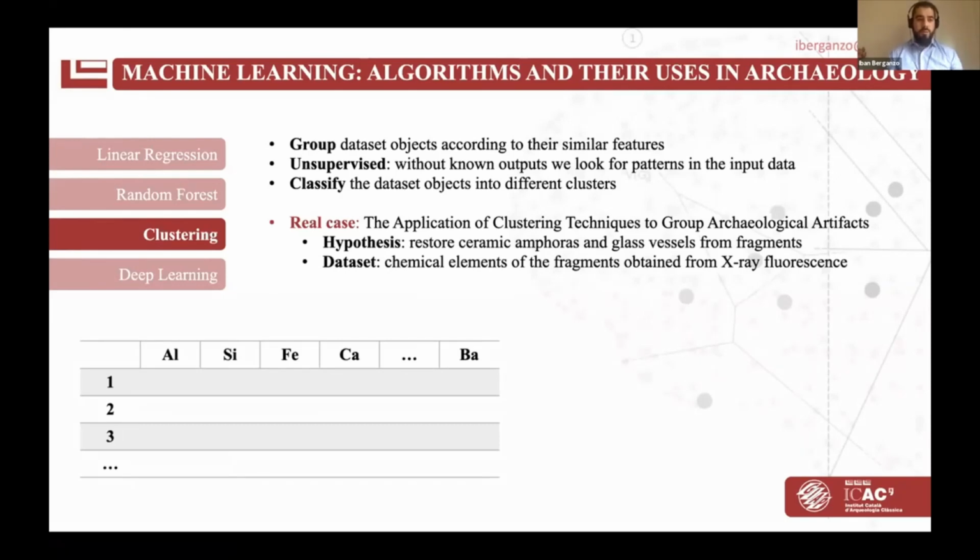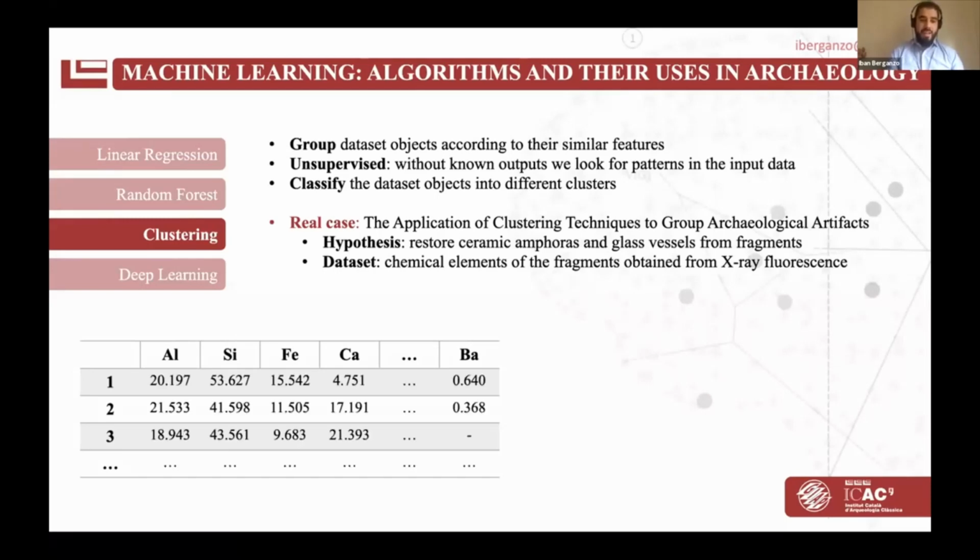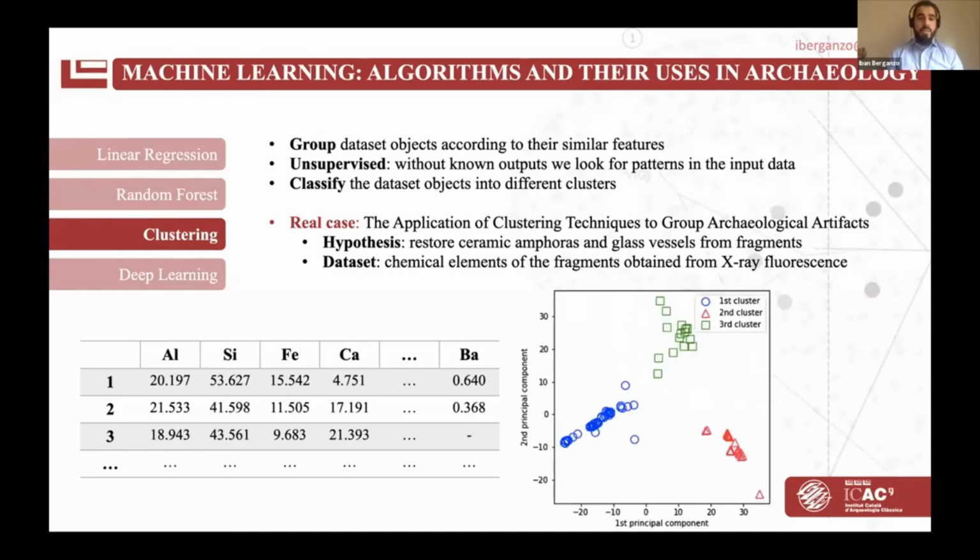So here again, we have 1, 2, 3 fragments that we don't know which amphora they correspond to, and we take the data. After using this clustering algorithm, the algorithm itself will separate all of these fragments into 3 classes. And now we have that in reality, we have 3.